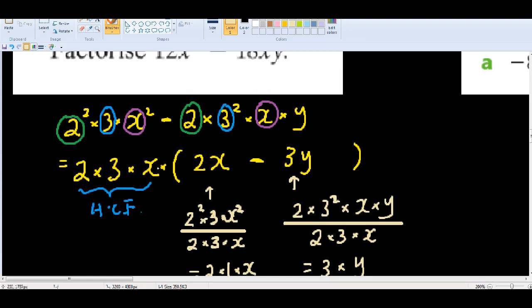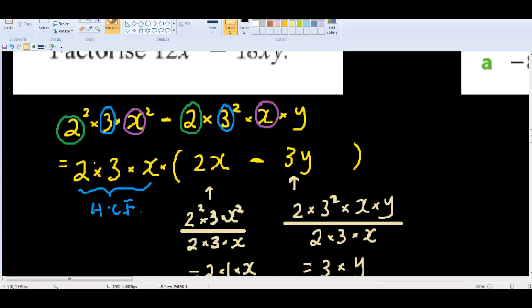Because every time you take out the highest common factor, you will see either that factor is gone, or its power would be reduced by the power you've taken out, all right?